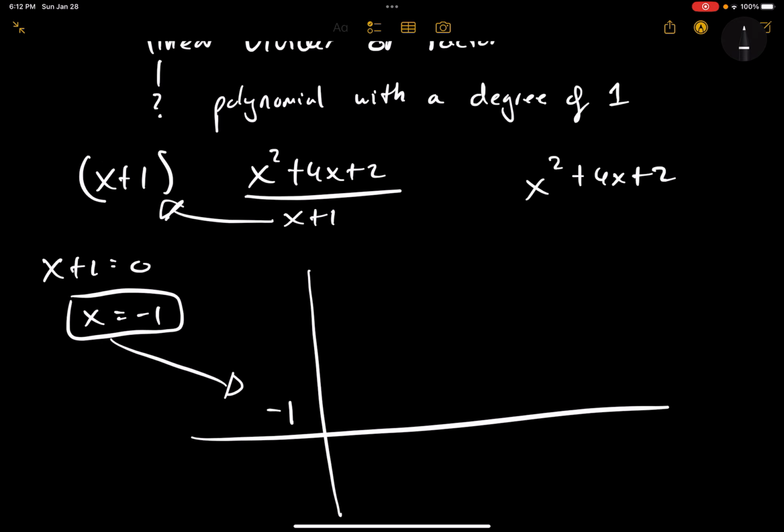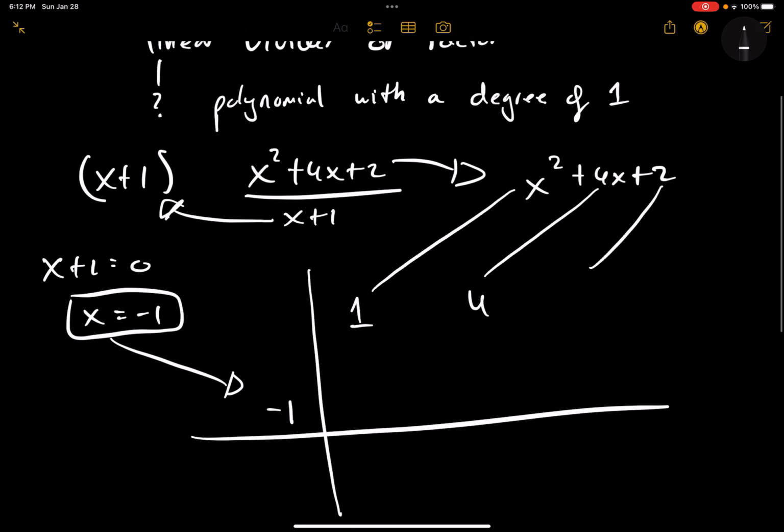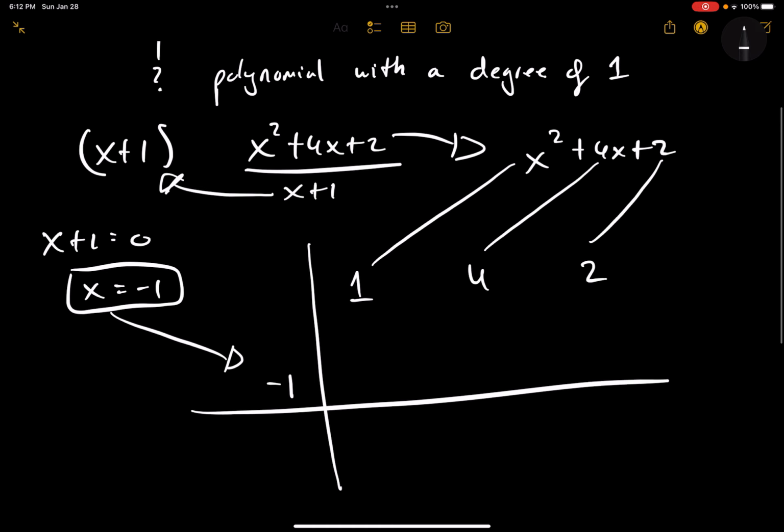What we do after that is take this quadratic, or any polynomial, and write its coefficients in here. So, in x squared, we have 1. In 4x, the coefficient is 4. And then the constant is 2.